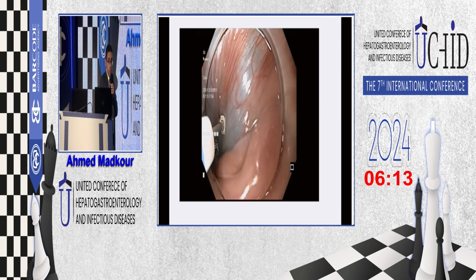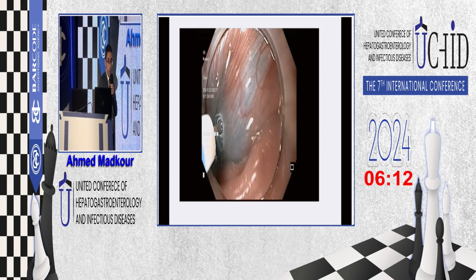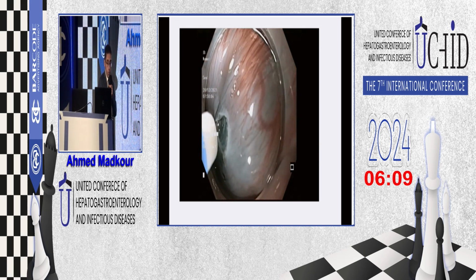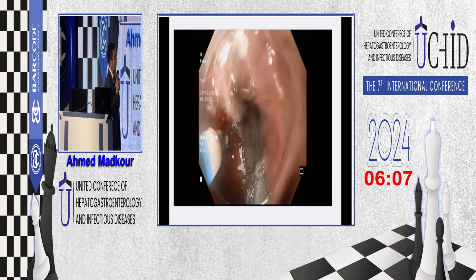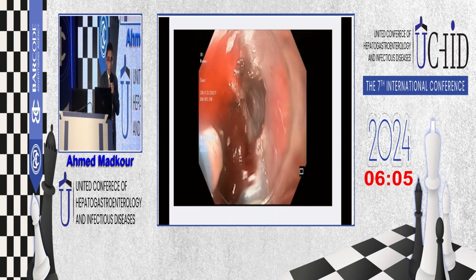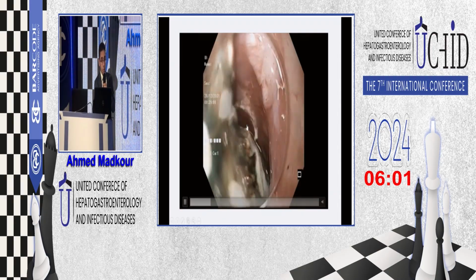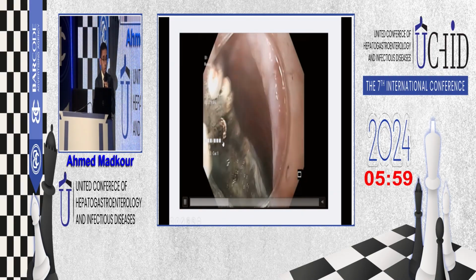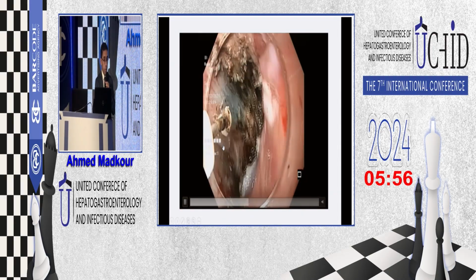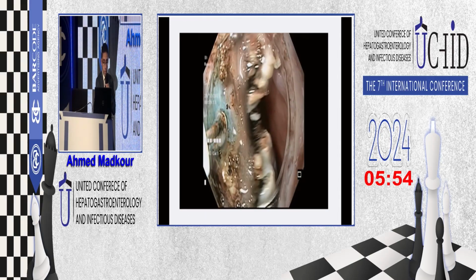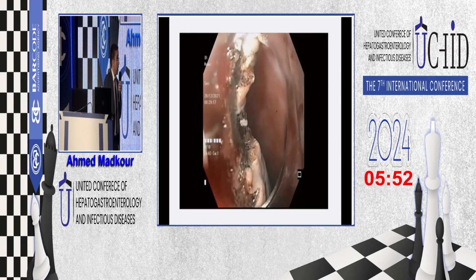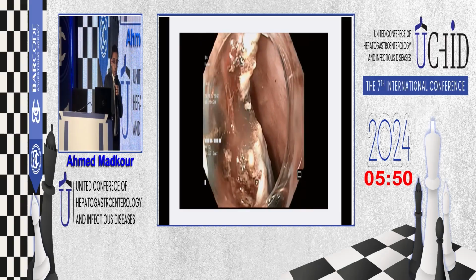We went for ESD. We started to do a mucosal incision. But the procedure was bloody. With every touch, you have severe arterial bleeding. Even when you don't see any suspicious vessels, just when you try to cut, you have bleeding. But fortunately, we were able to finish the procedure.